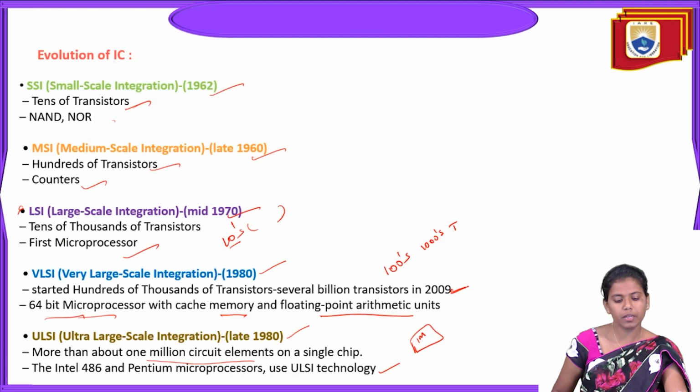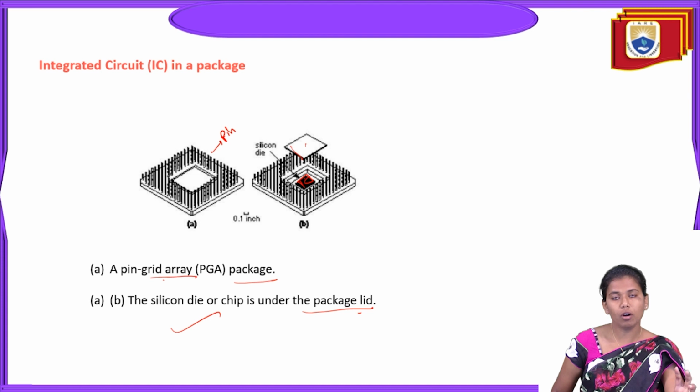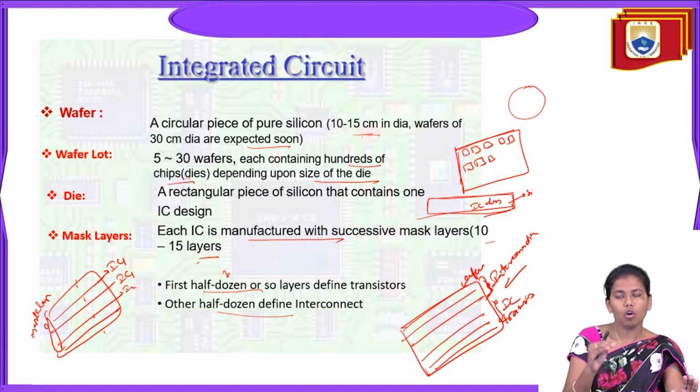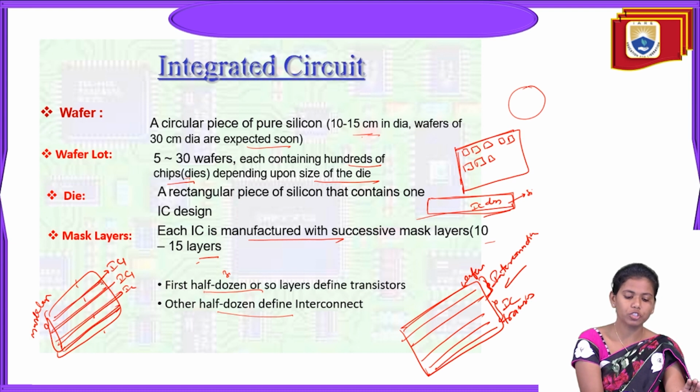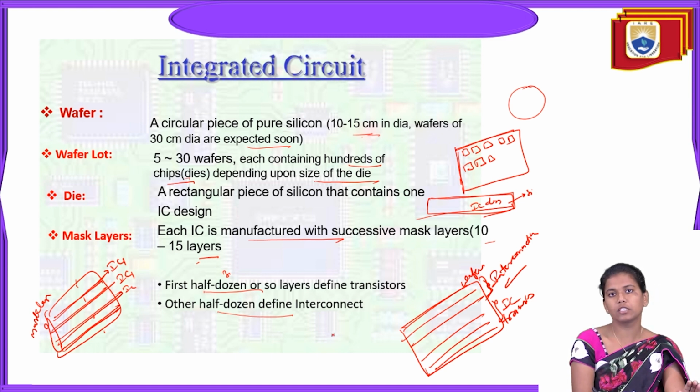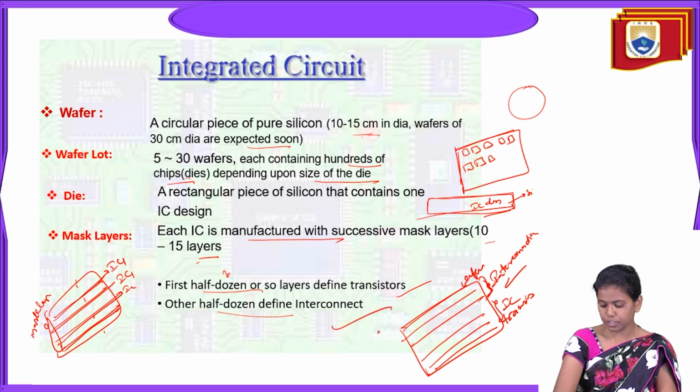Mask layers consist of different layers placed one over the other, and the IC is manufactured with successive mask layers. Half a dozen of the layers are considered for defining the transistor, and the other half are used only for interconnection purposes.